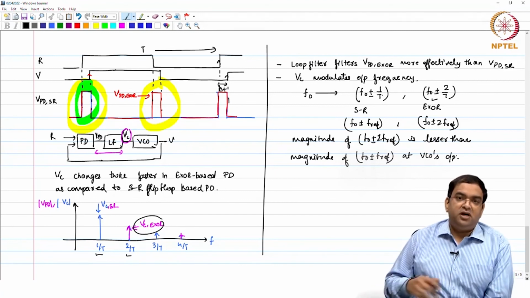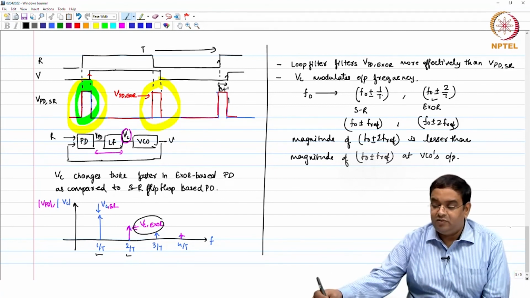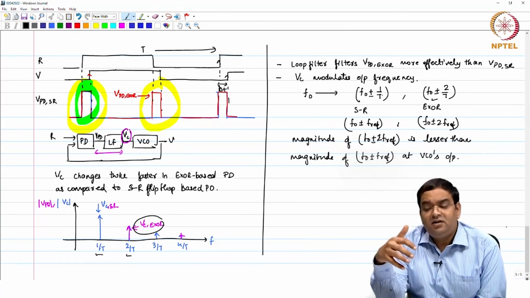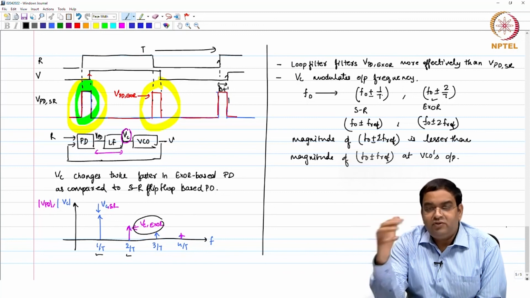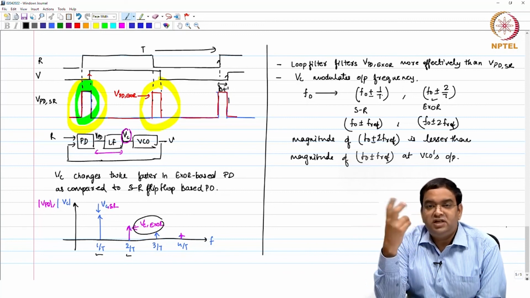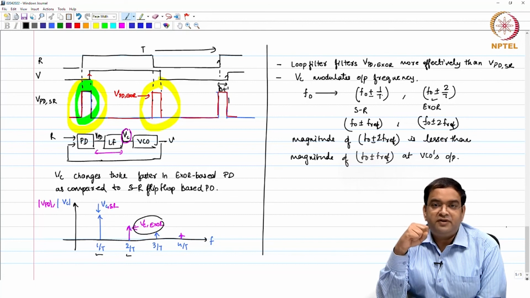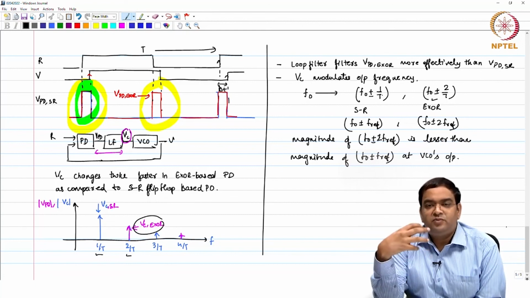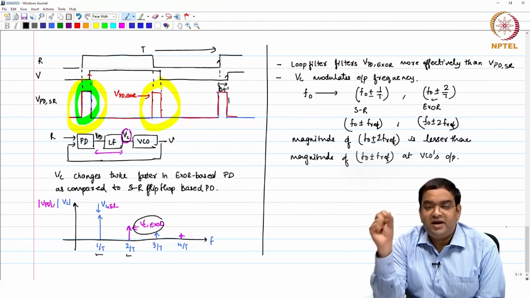So, now you see there is some good part and some bad part to both the designs. The good part with XOR is that the unwanted frequency modulation of the VCO because of this phase error detector appears at a higher frequency and is more filtered. So, the magnitude is going to be lesser.